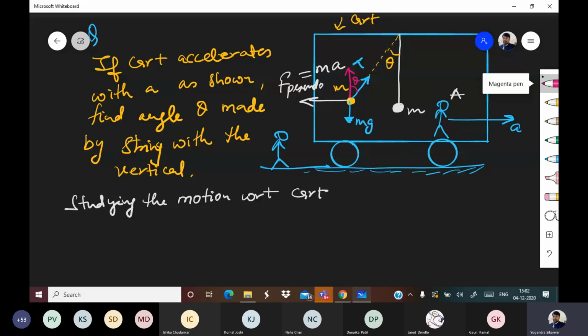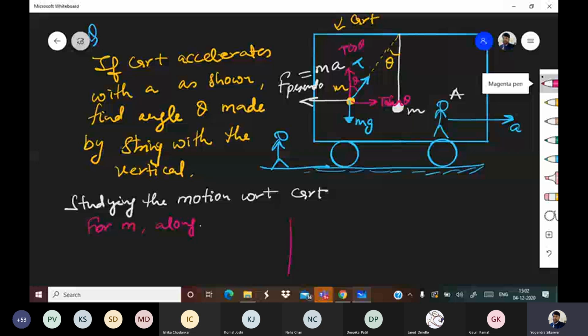Horizontal force will be T sin theta. So for m along vertical, T cos theta minus mg is equal to 0, and that gives us T cos theta is equal to mg, equation number 1.